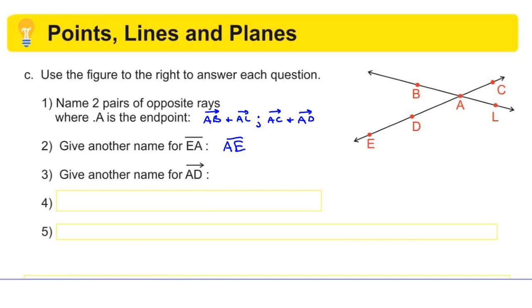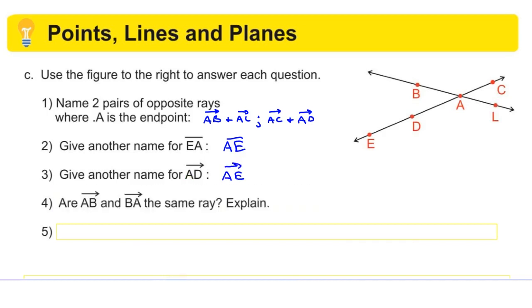Give another name for ray AD. Can you give me another name for ray AD? So it starts at A, has to be the endpoint, goes in the D direction or the E direction, right? Ray AE would be the other answer. Number four, are ray AB and ray BA the same ray?